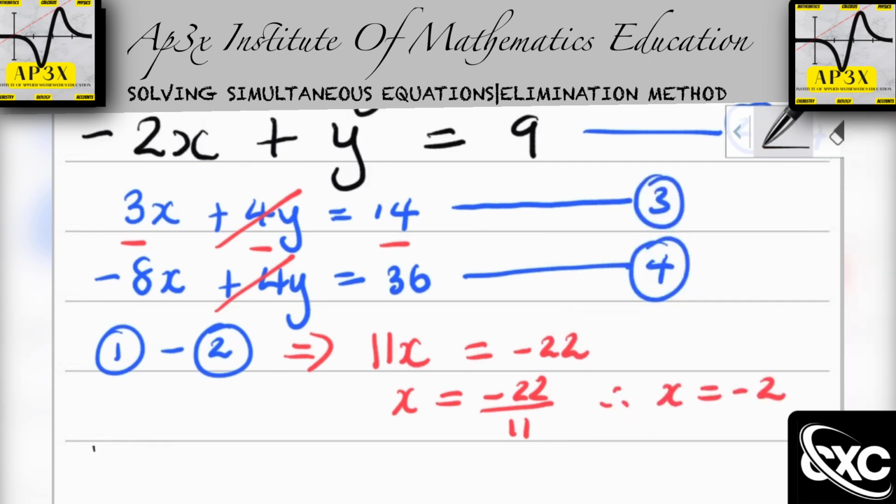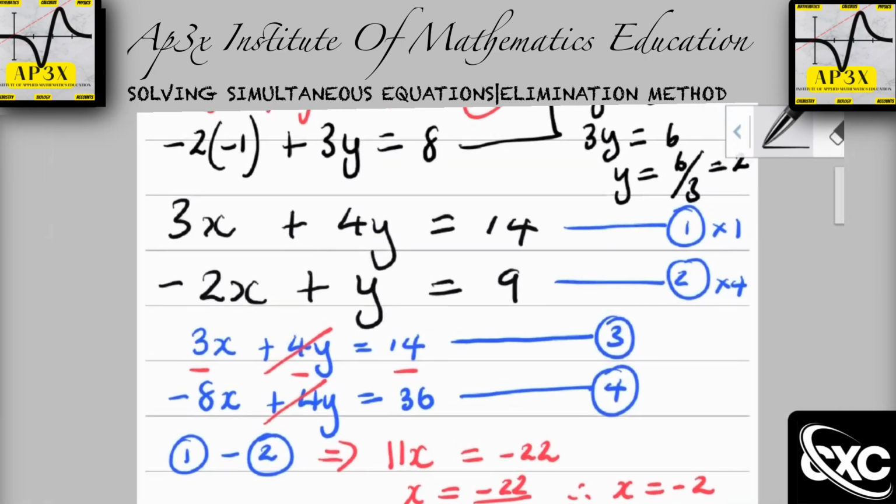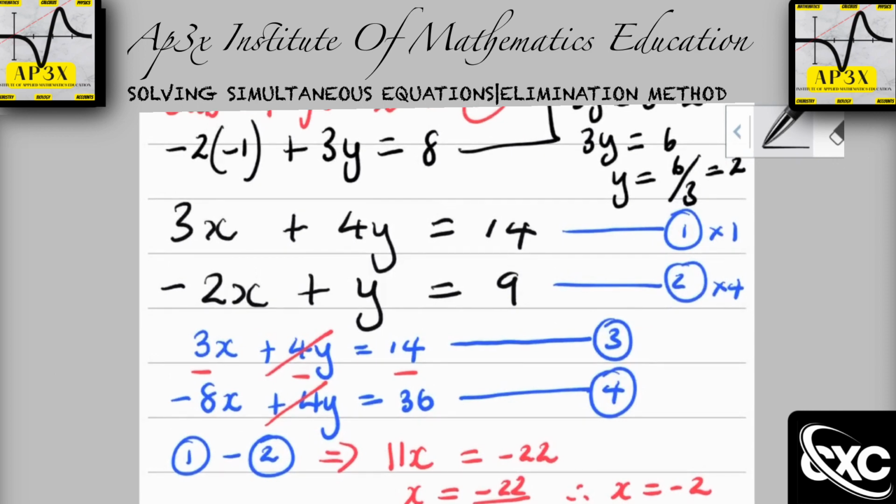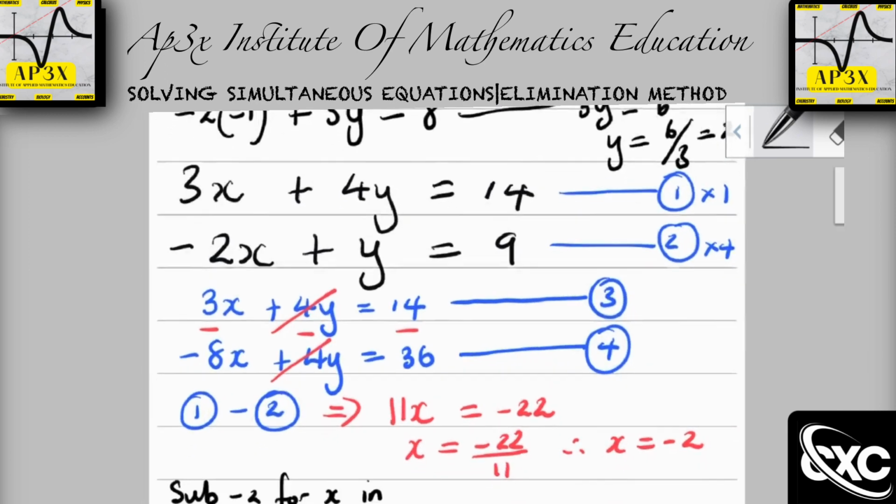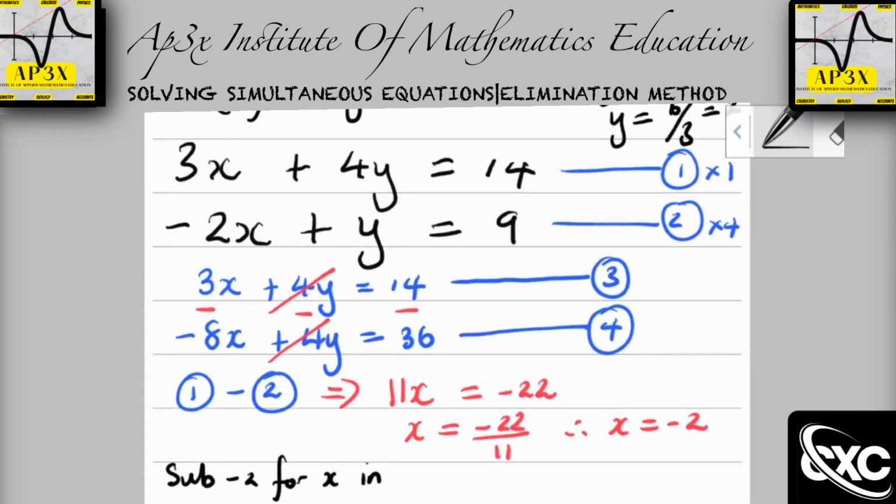We need to sub negative 2 for x in, again, equation 1 or equation 2. Though I would prefer to work with equation 2 simply because the numbers are smaller, I'm just going to go ahead and work with equation 1. No difference, same results.